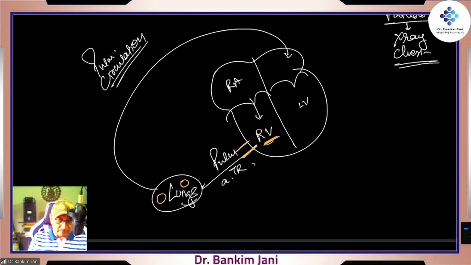Over there is gas exchange, and they take up the oxygen and go on. These are the pulmonary veins. The pulmonary veins from both lungs go out and finally drain into the left atrium. This is the oxygenated blood.